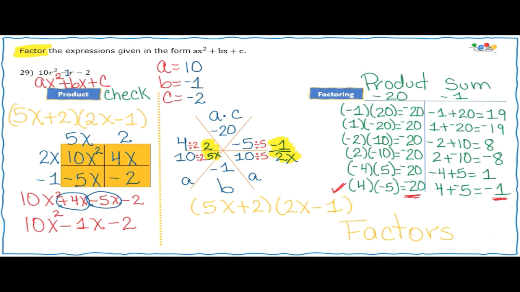I can rewrite my answer because if you remember, that coefficient of 1 is not needed, right? So I'm going to write it without the 1. Just so that you can see that now my answer is like my original problem. Okay?